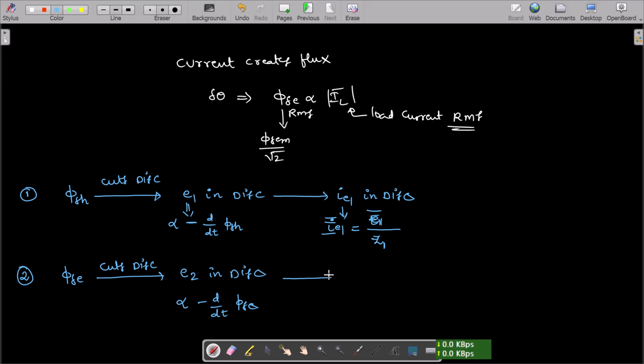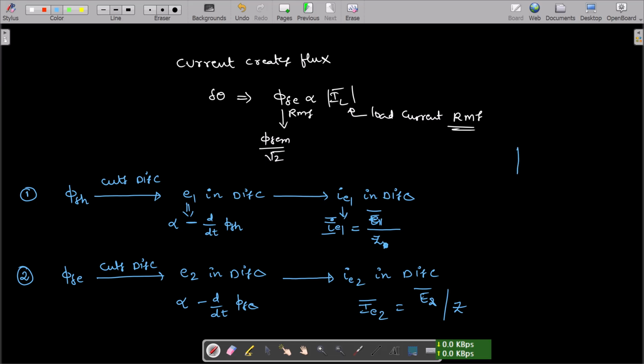And this E2 is going to create IE2 in disc. This IE2 will be equal to E2 by the impedance of the disc, because eddy currents, similar to how eddy currents are induced in the transformer, in the same way the eddy currents are going to be induced in the aluminum disk.